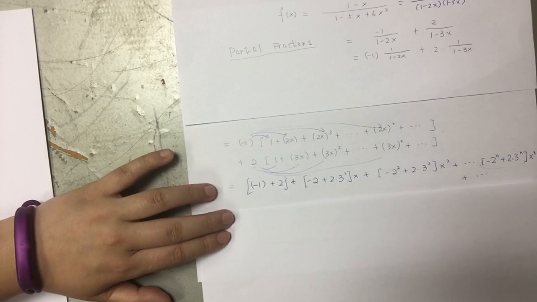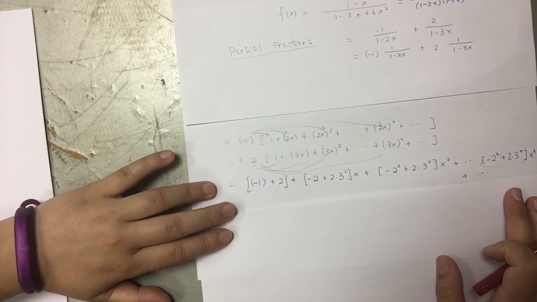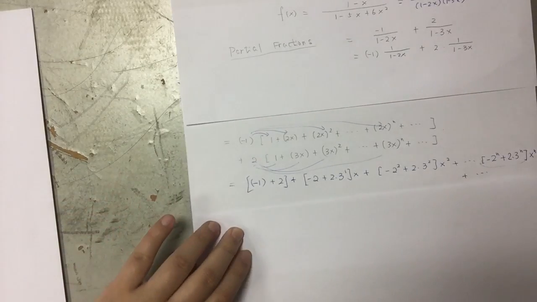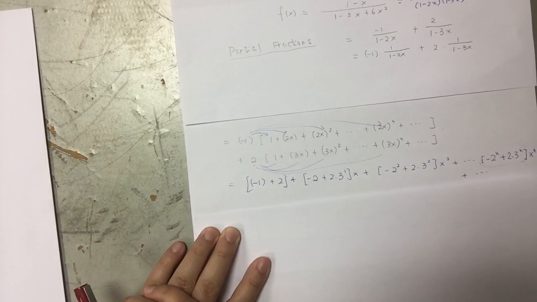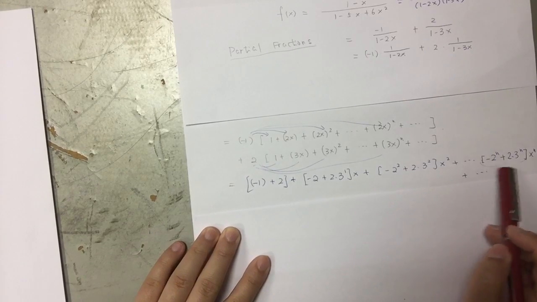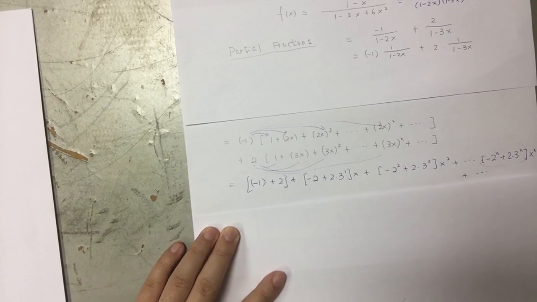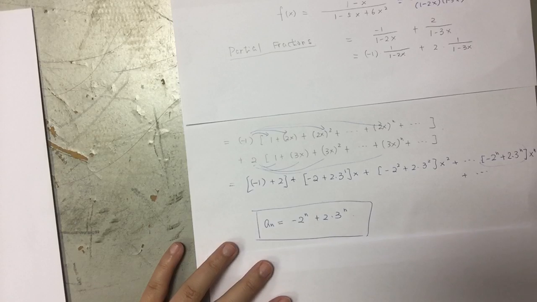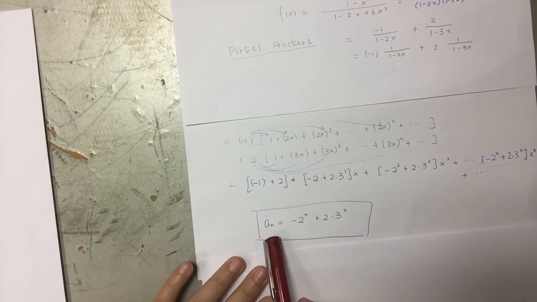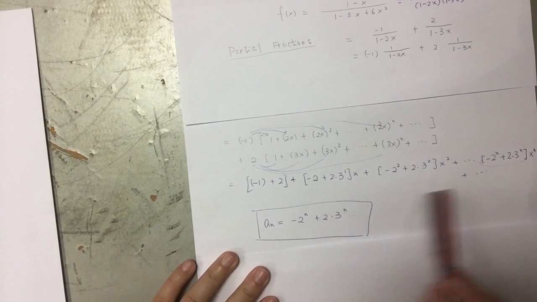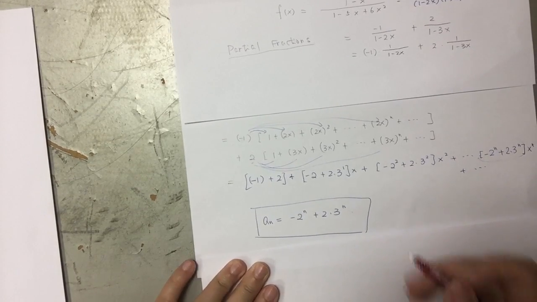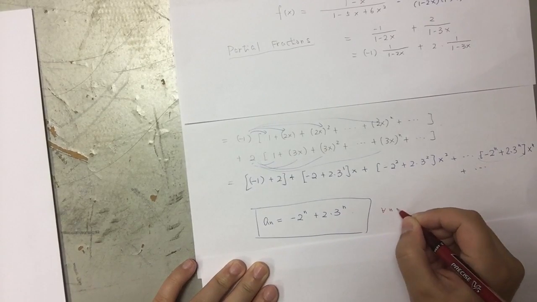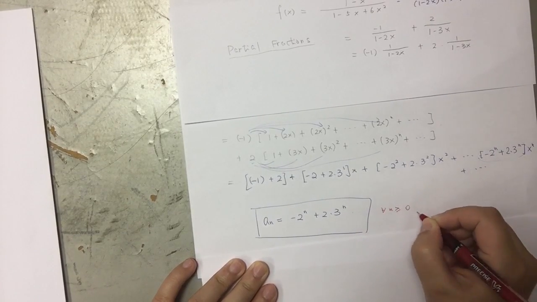I hope it is clear that this suggests a complete description for a_n. So our answer to this question is a_n equals -2^n plus 2 times 3^n, for all n greater than or equal to 0.